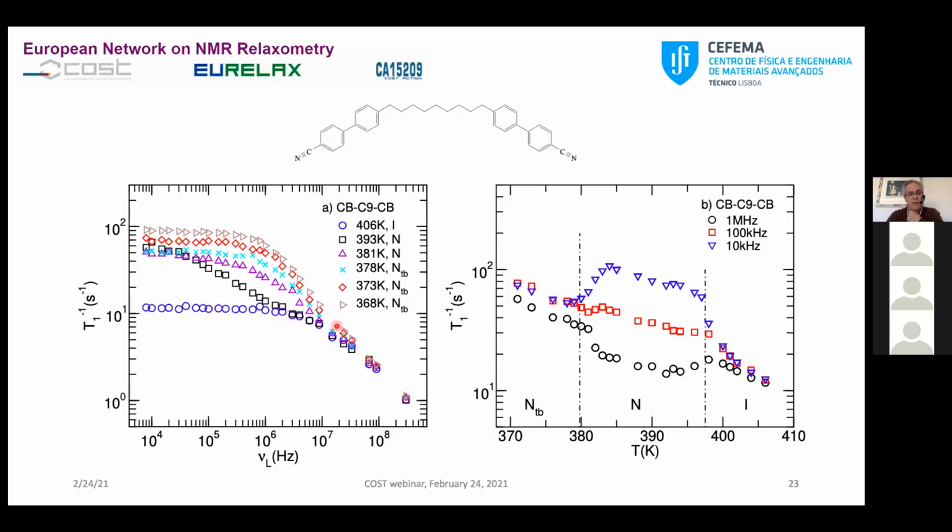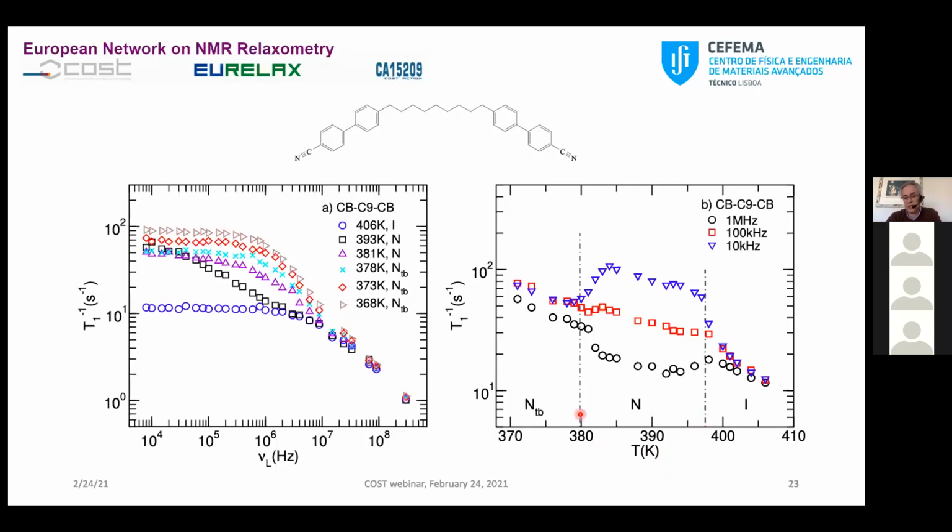We need other sources of information. Eventually, it can still be NMR, but then we need a second independent variable, like temperature, which is one example. But it could be angle. If we have aligned samples, the direction of alignment of the sample in the magnetic field can also be a source of information.